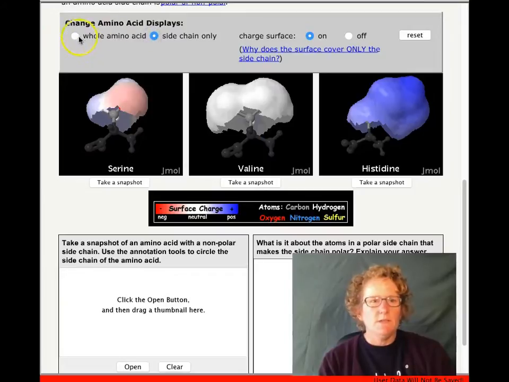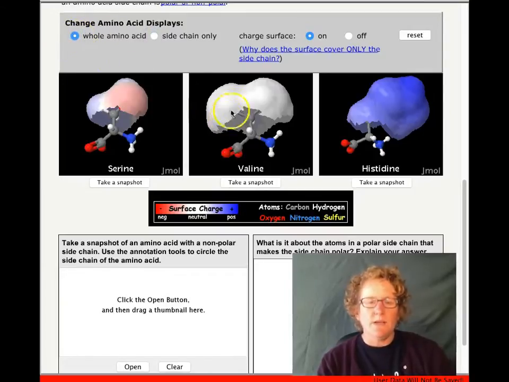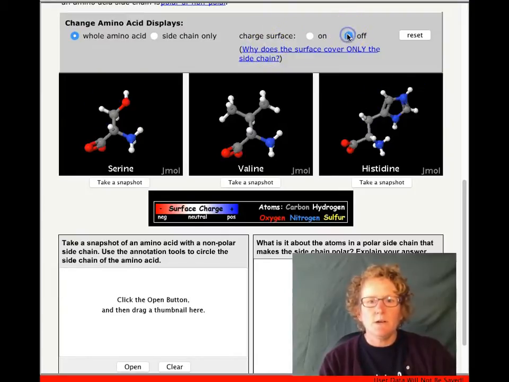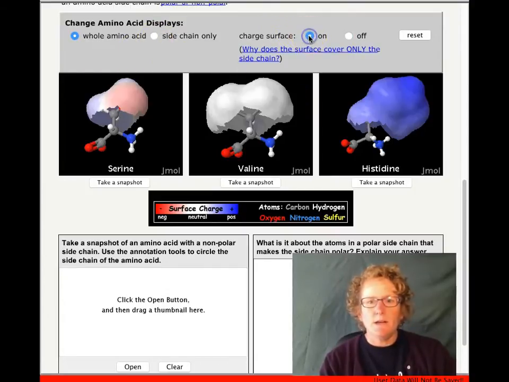You can see that the charges are really only on the side chains. And let's look under the surface charge here and see there's 2 nitrogens here. And if we put the surface charge on again, we can see that those nitrogens create a positive surface charge.